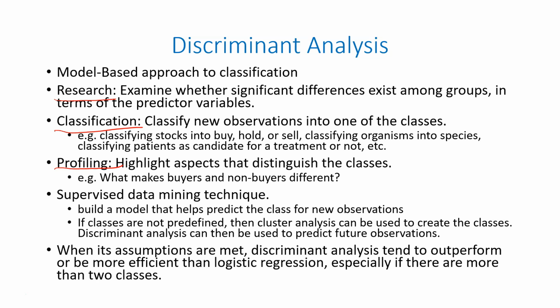In analytics, we are most interested in discriminant analysis' ability to classify future observations in the correct categories. For example, whether a stock is a buy, hold, or sell, classifying organisms into species, classifying patients as candidates for treatment or not, or classifying potential customers as early adopters, late adopters, or non-adopters.